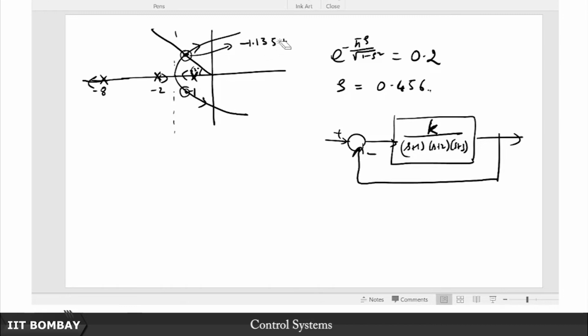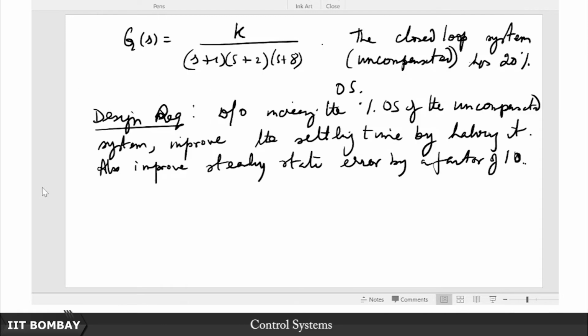The top one is just the positive imaginary part, so plus j 2.313 approximately.